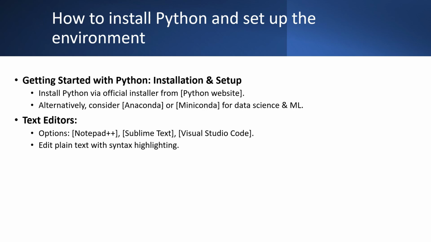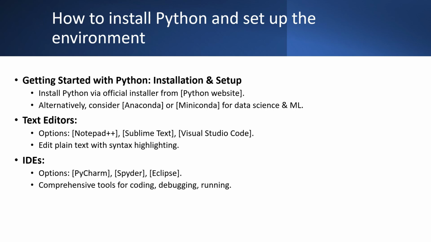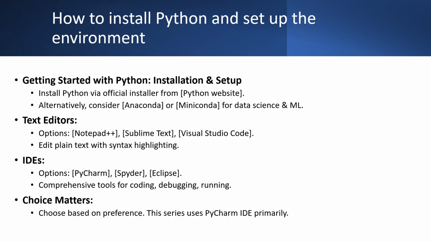Or you can use an integrated development environment or IDE such as PyCharm, Spyder, or Eclipse, which are programs that provide a comprehensive set of tools for editing, debugging, testing, running, and managing Python code. You can choose any option that suits your needs and preferences. In this series, we'll be using the PyCharm IDE for most of the development activities.